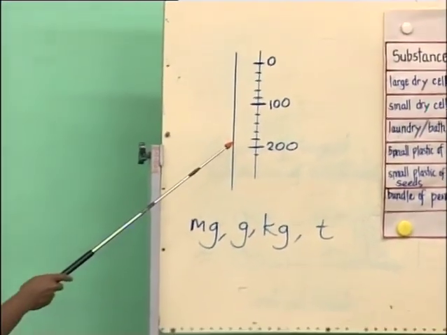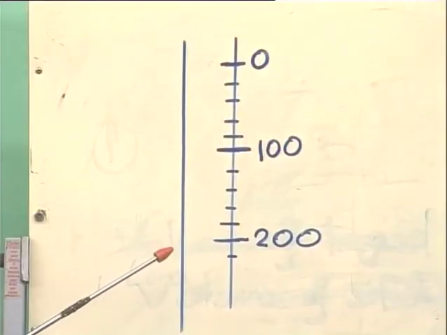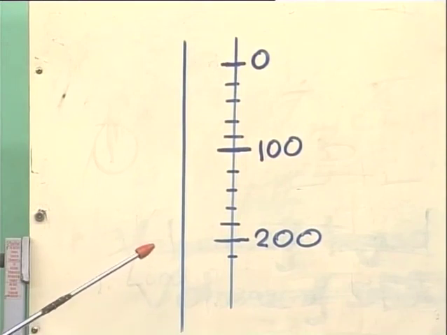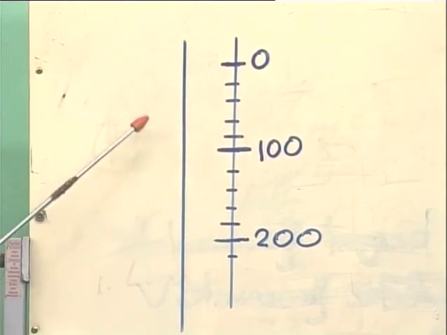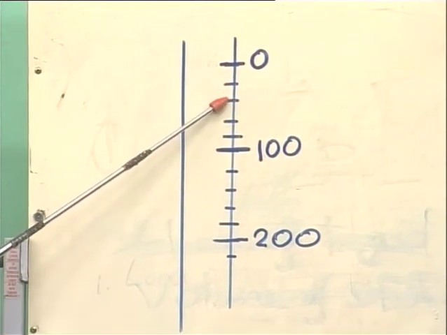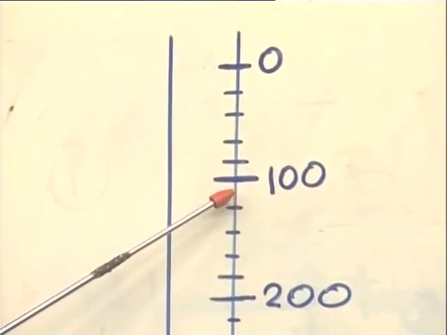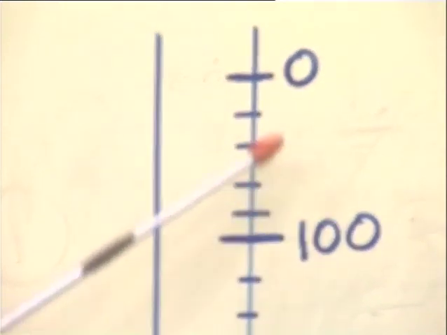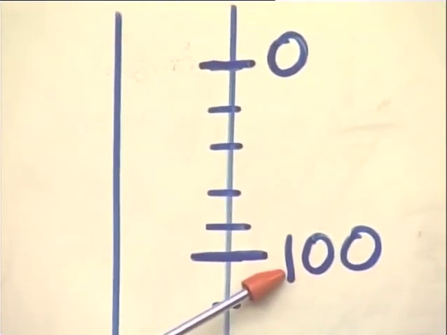You will see the gray one, I'm referring to the gray spring balance, has 5 scale divisions. That's 1, 2, 3, 4, and 5. That's between 0 and 100.